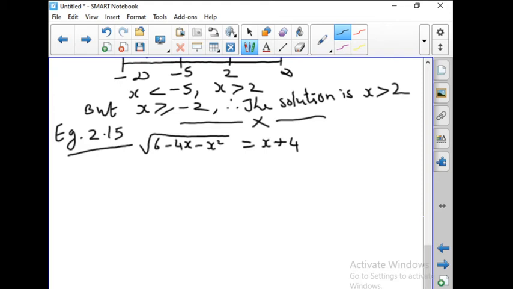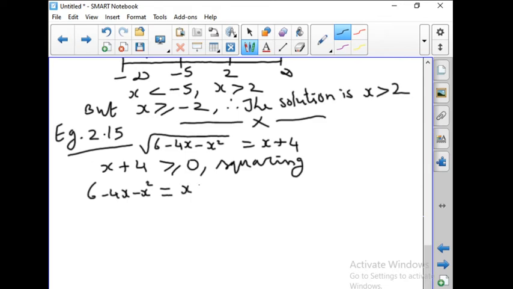So here what do we have? x plus 4 should be greater than or equal to 0. And to remove the square root, square both the sides. So squaring, what we get? 6 minus 4x minus x square is equal to (x plus 4) the whole square. So that is x square plus 16 plus 8x.